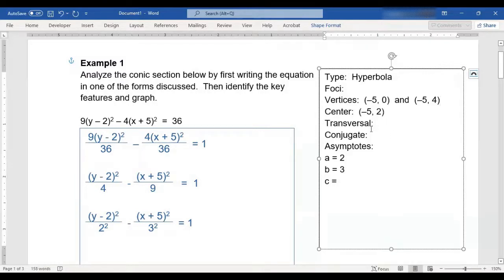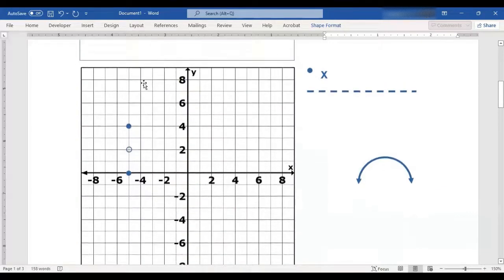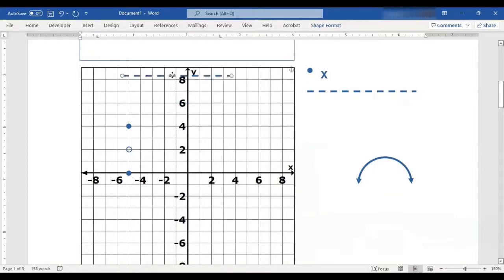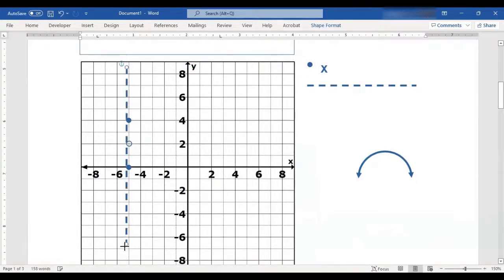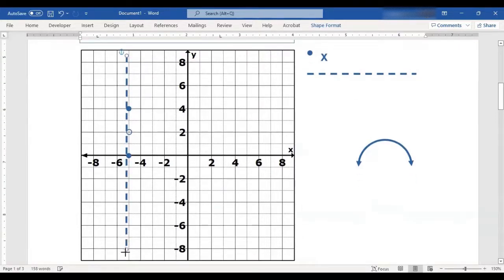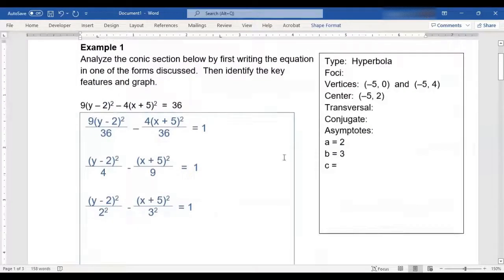This is also going to help me find my transversal and conjugate axes. The transversal goes through all the important stuff, so I can go ahead and graph that. That's going to be a vertical line going through -5. So x equals -5 is the transversal.